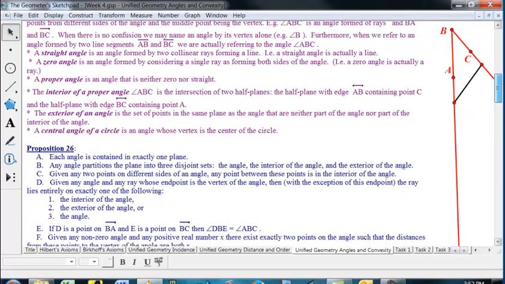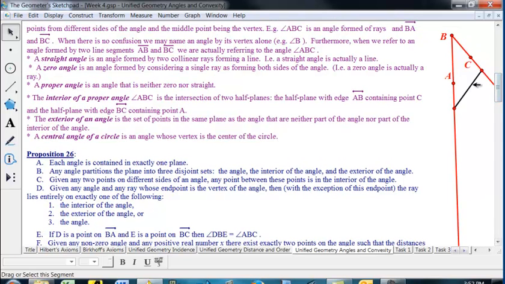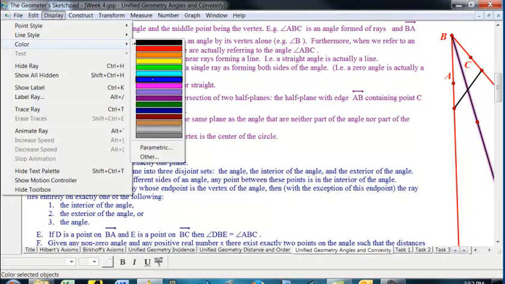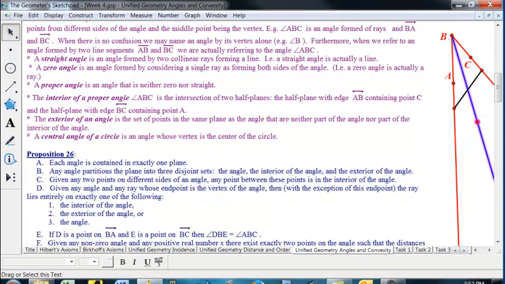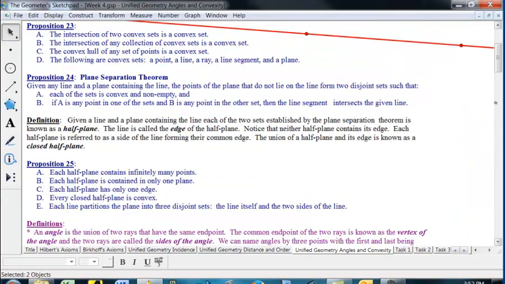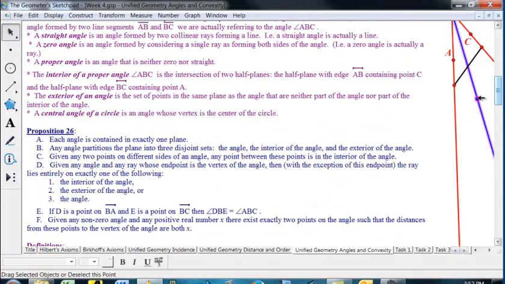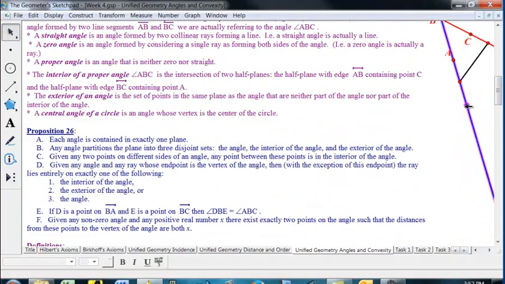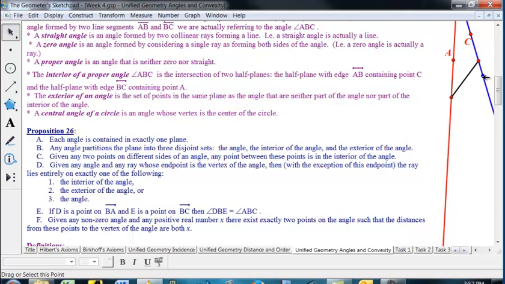Given any angle and a ray whose endpoint is the vertex of the angle, then except for the endpoint, all of those points either lie on the angle itself, here or here, completely in the interior, or completely in the exterior.